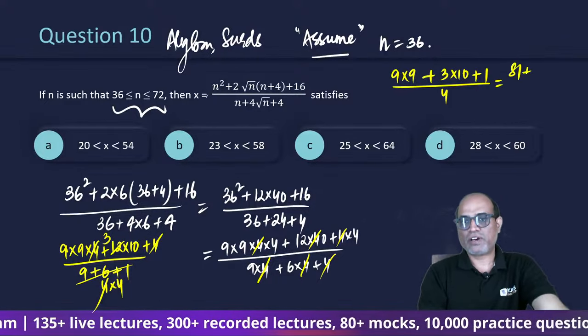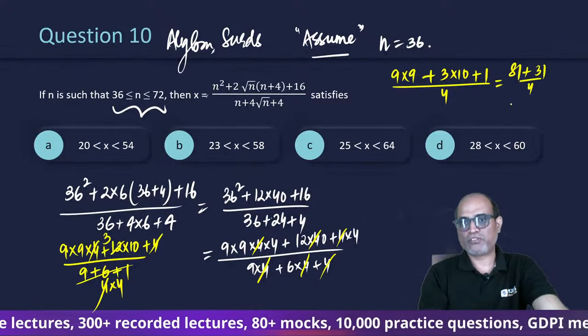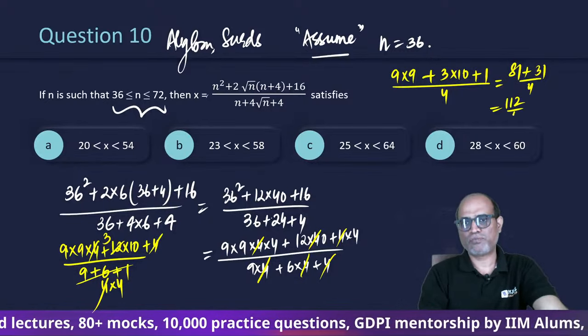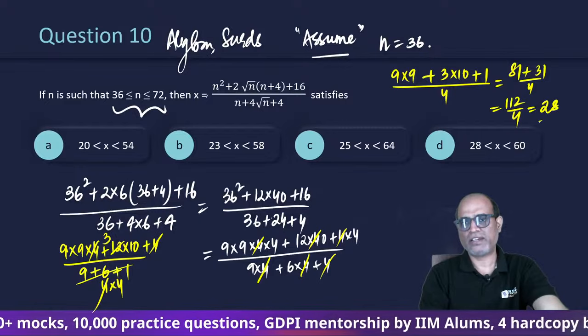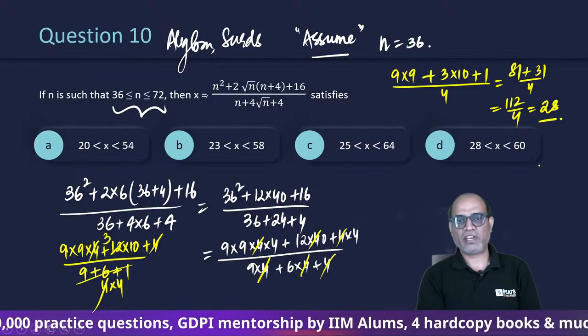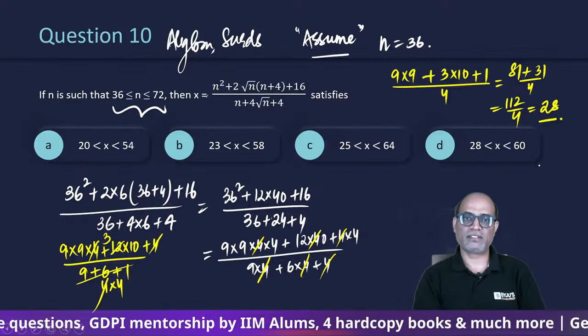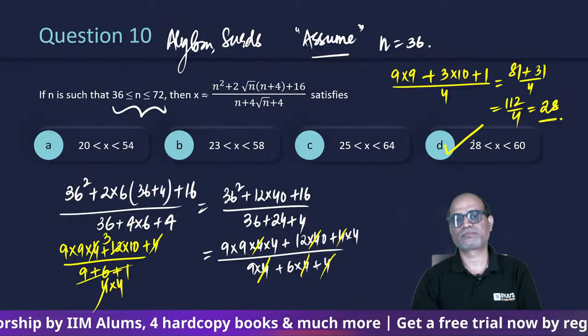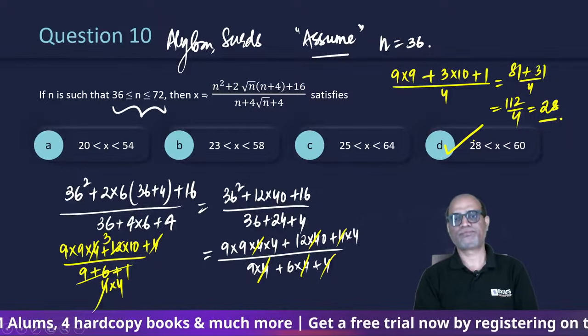This is 81 plus 31 divided by 4, which will give us 112 by 4, which is 28. So from here, can we say that x is going to be 28 onwards? So D.